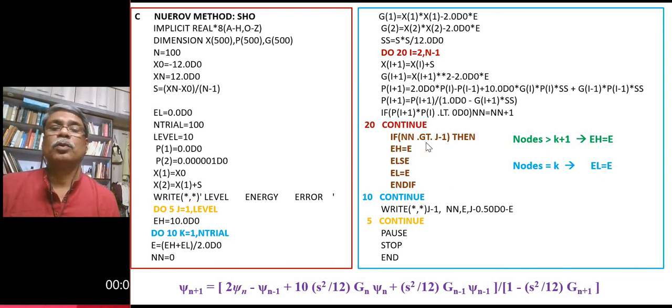So if the number of nodes is greater than 0, then the higher bound is reassigned to the average value E. Or else if the number of nodes is k, then the lower bound would be reassigned to EL equals E. So here exactly that logic is supplied, and then 10 continue ends one of the loops, and the external loop 5 continue ends here, and then pause stop end.